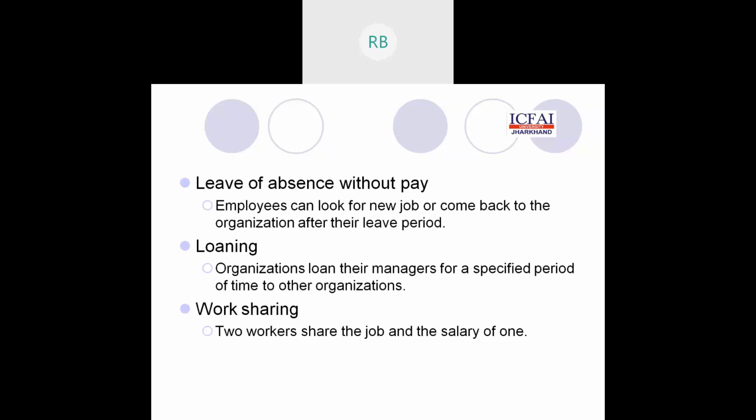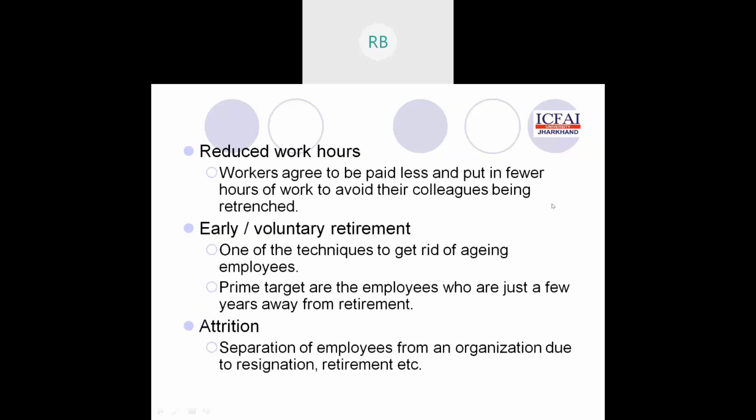Basically, they operate in shorter shifts and take home correspondingly lower salaries. Clear? Next, reduced work hours. Reducing 6-8 hours to 4 or 5 hours. Workers agree to be paid less and put in fewer hours to avoid their colleagues being retrenched.